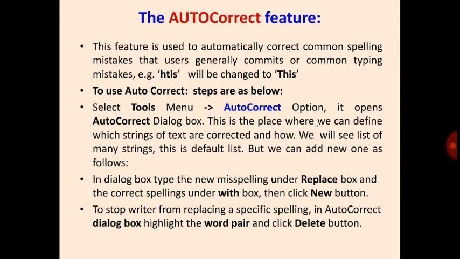In the dialog box, type the new misspelling under the replace box and the correct spelling under the with box. Then click the new button. To stop Writer from replacing a specific spelling in the autocorrect dialog box, highlight the word pair and click the delete button.